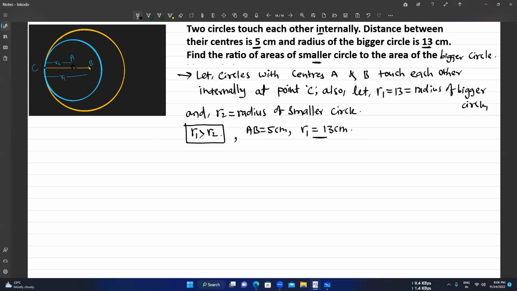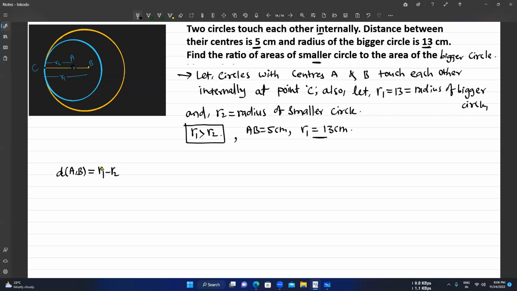Distance between two circles touching each other internally is equal to the difference of their radii. So this is nothing but the property regarding internally touching circles. According to this property, we can write a statement: distance between A and B, which is the distance between their centers, is equal to the difference between their radii, that is R1 minus R2.